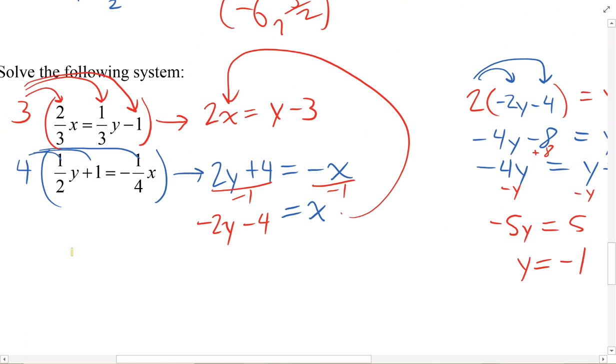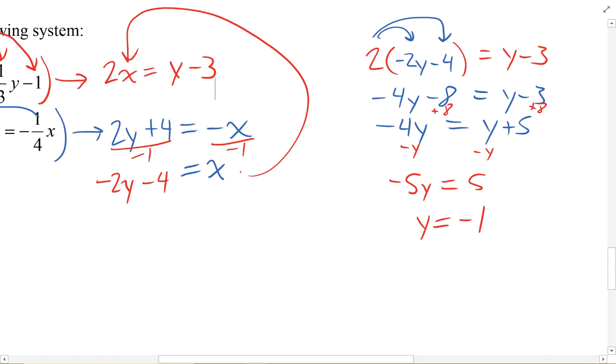Okay. So then we can substitute that in. Now what I wouldn't do is substitute into these crazy fraction ones, right? That's going to be really hard. So let's substitute into either this one here or this one here. Which one do you want to choose? The second one. The second one has been chosen. Either of them will give you the correct answer. So we have 2 brackets plus 4 equals negative x.